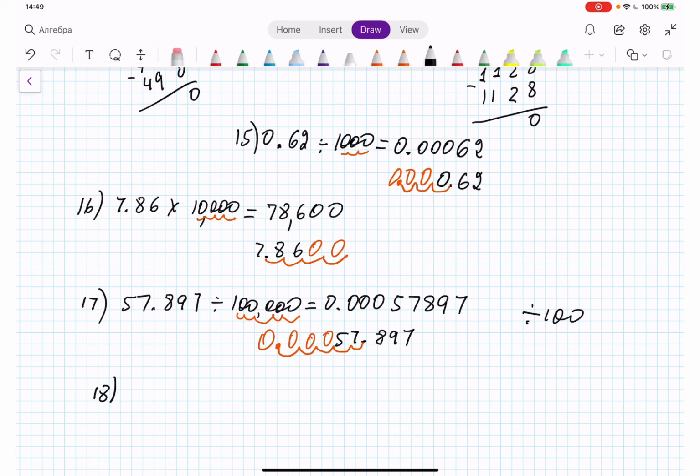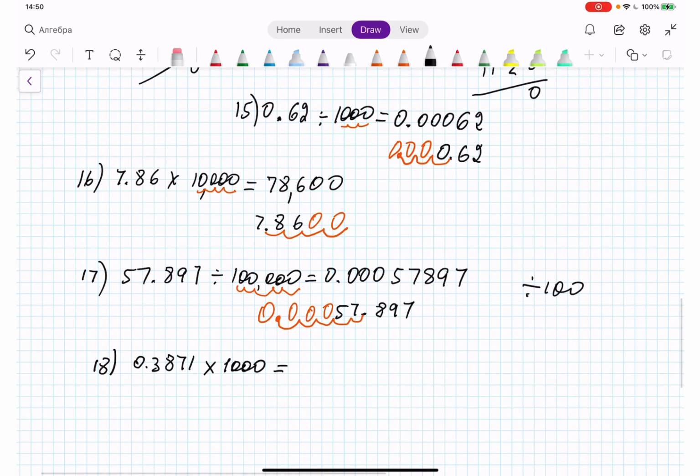All right, number 18. What we have: 0.3871 times 1,000. Let me write down here 3871, and let's go: 1, 2, 3 positions, so the point comes right here.